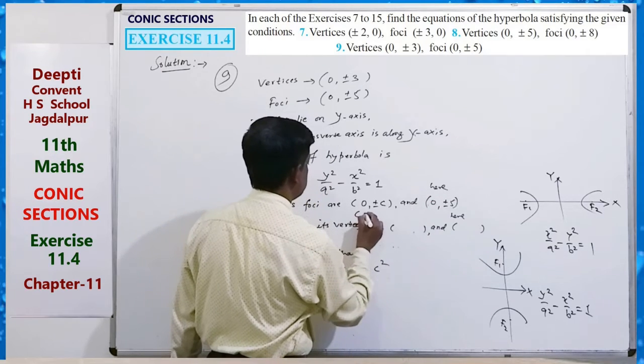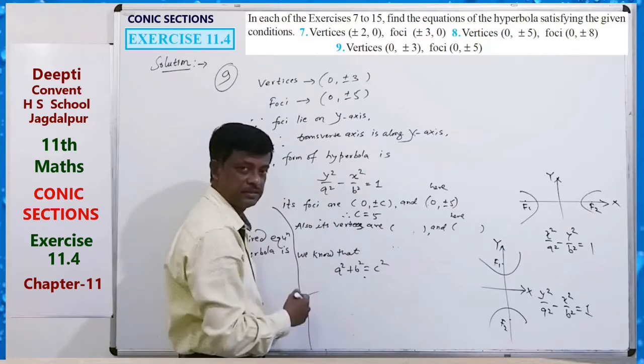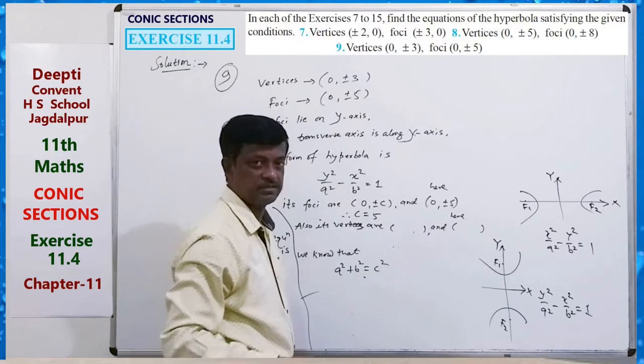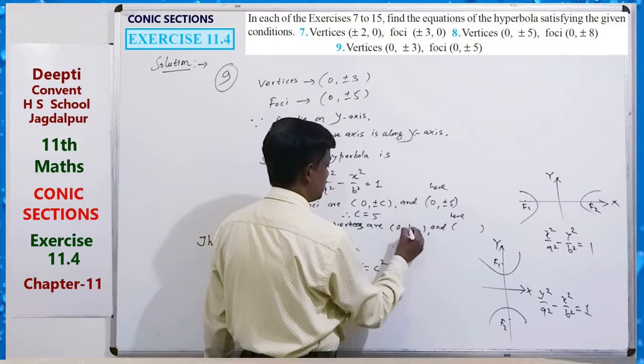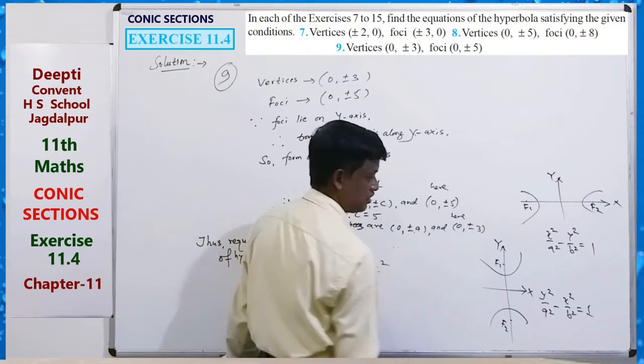So c equals 5. Its vertices are on the y-axis, that is 0 plus minus a, here 0 plus minus 3.